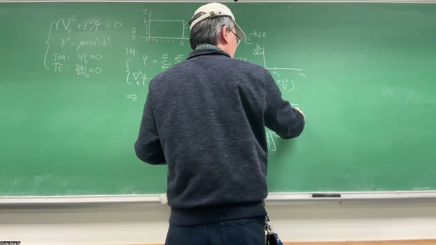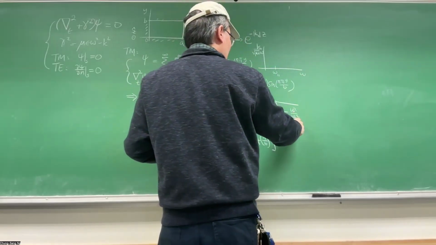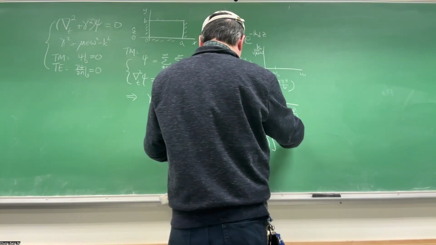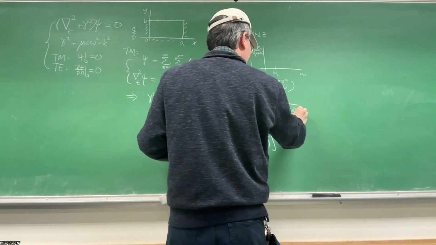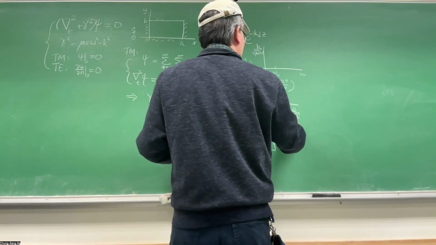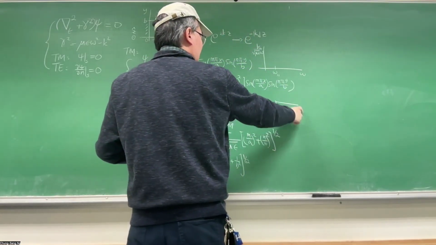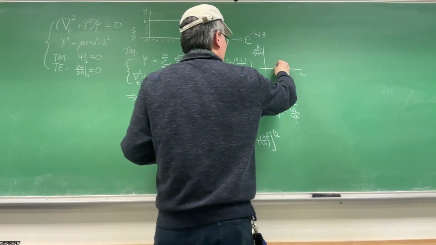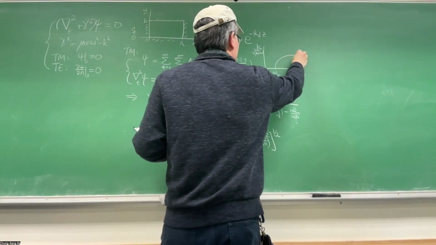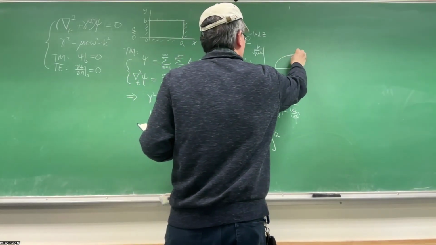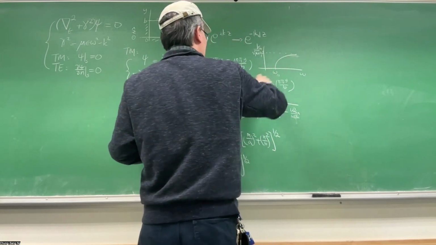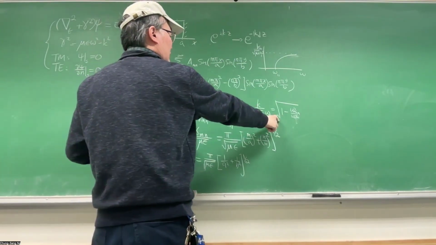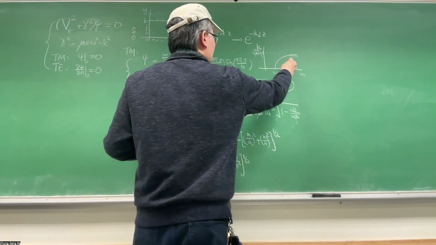And for large omega, this one goes to 0, so it goes back to 1, asymptotic to 1. That's the shape of this function, right?